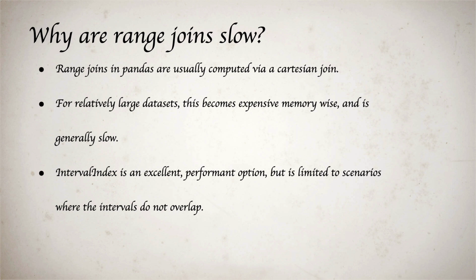If your intervals overlap, you are restricted to using a for loop, and at that point you lose the performance you were looking for in the interval index. So again, if your intervals do not overlap, fantastic, interval index will fit in nicely. If they do overlap, then you're back to square one in a way.